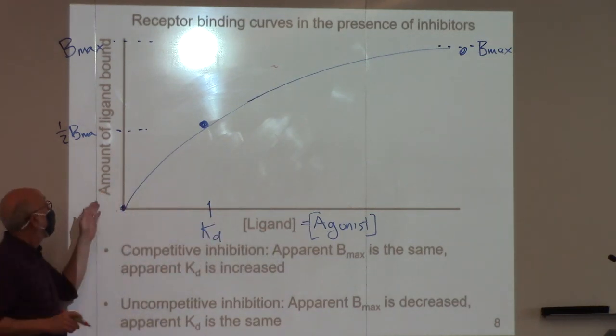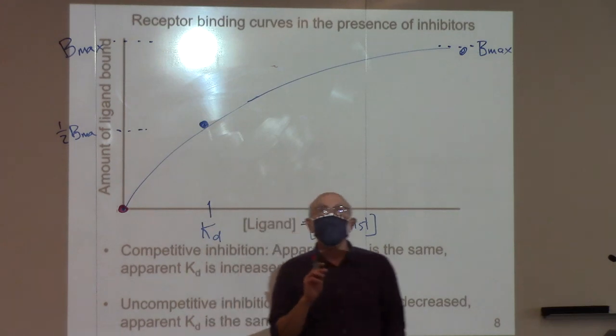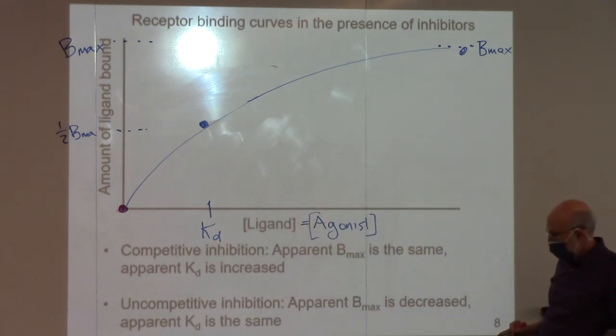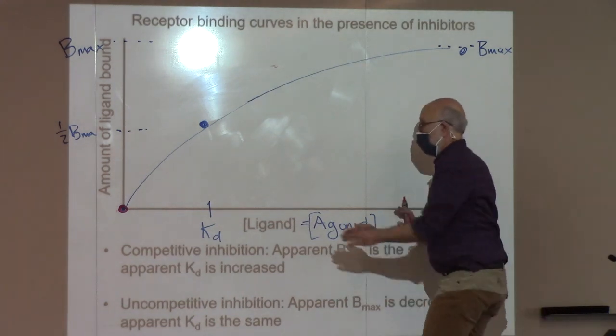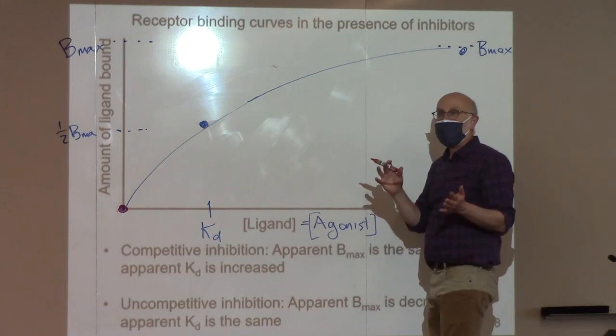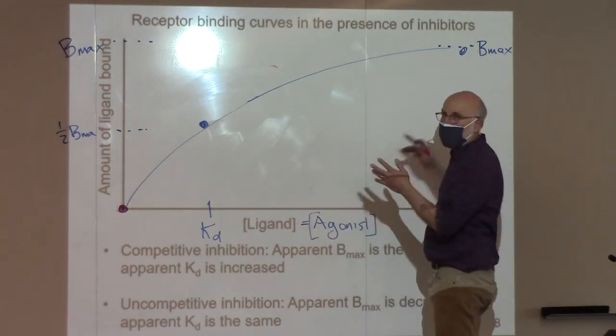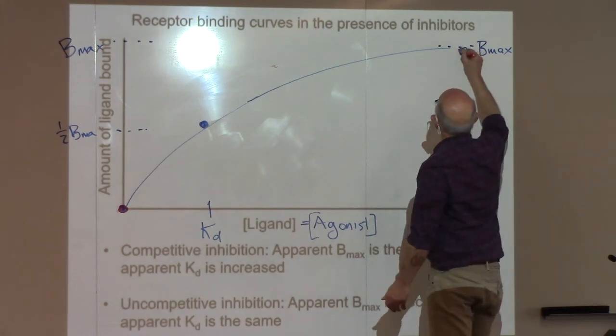If we have no agonist, we have no binding of agonist, even though we have an inhibitor. What other point is the same on this curve? Bmax. If we have a competitive inhibitor at some concentration, but an agonist concentration so high that it is dominating, no matter how much of this we have, it's going to go to the same Bmax.